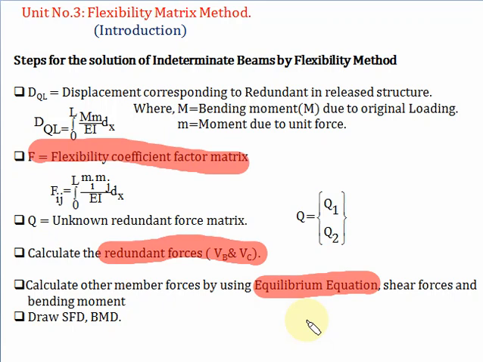So after finding out the support reactions and the moment in the different members, then we can find out the shear force and then we can draw the shear force and bending moment diagram. So the last step is to draw the shear force and bending moment diagram.